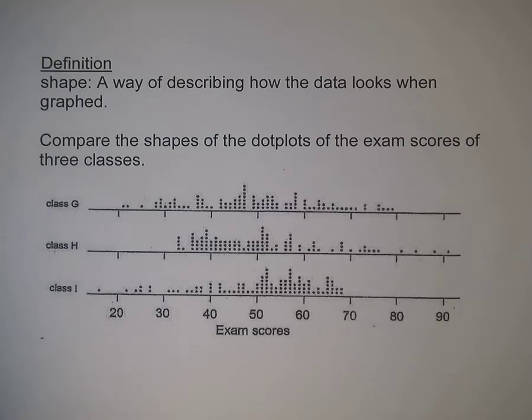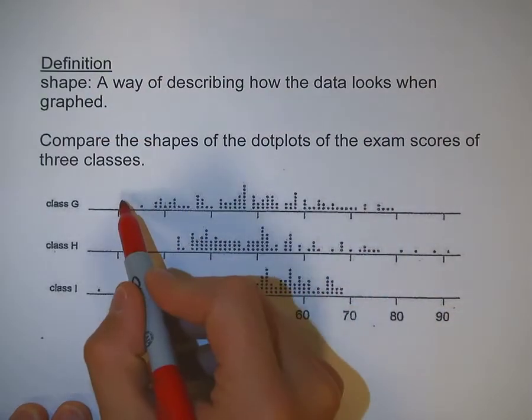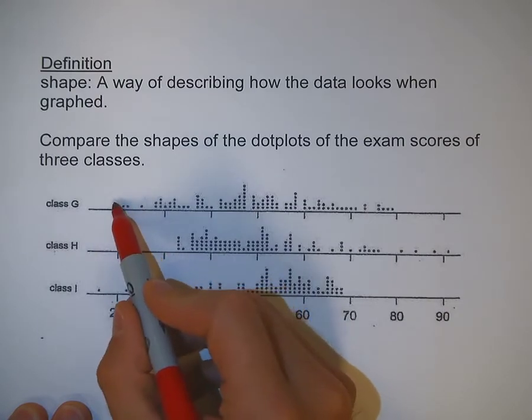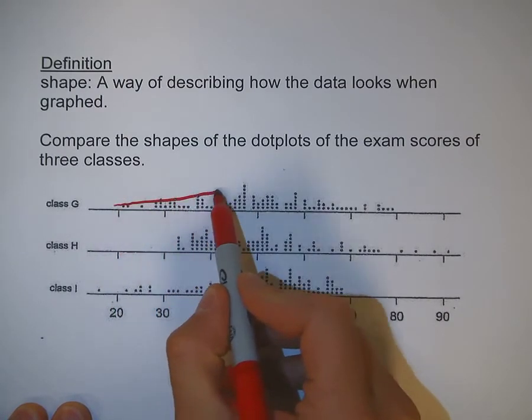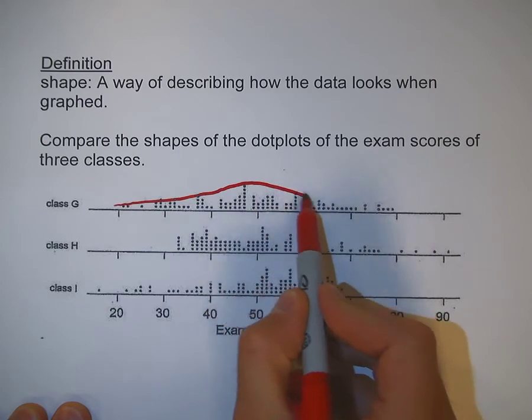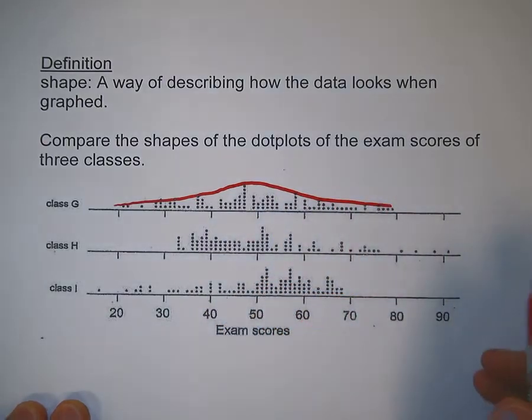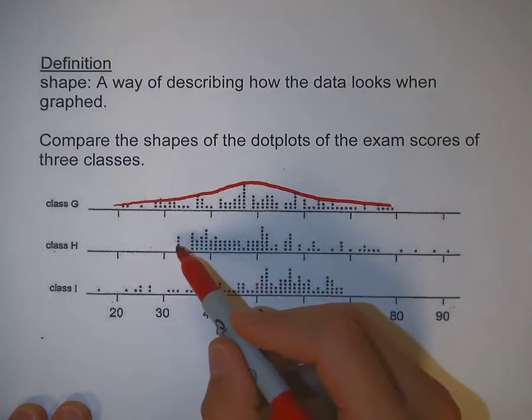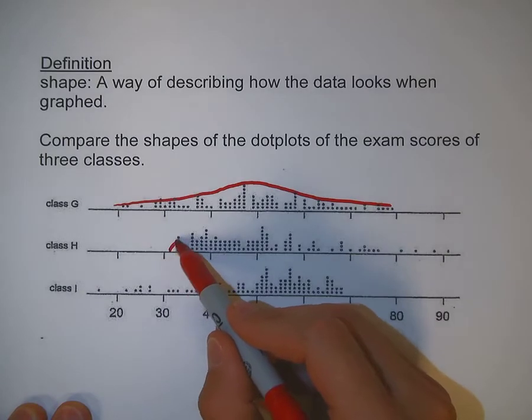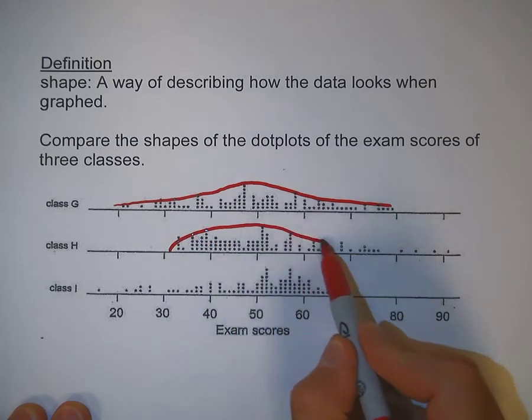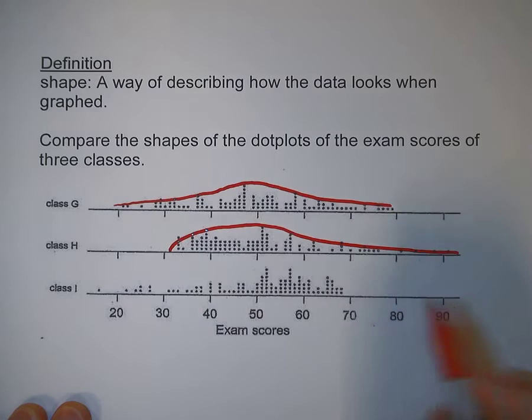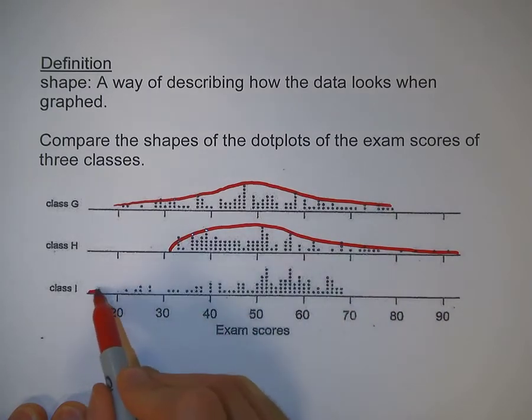Okay, and one way to think about the shape is to almost draw a line that kind of follows the trend of the data. Okay, so that distribution might look something like that. This distribution might look something like this. And this distribution might look something like this.